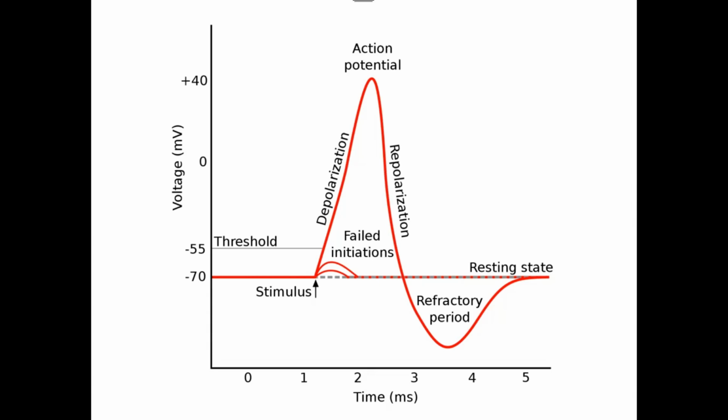It means the heat stimulus is not strong enough to reach the threshold potential and activate an action potential. You are still holding the cup. There is no withdrawal reflex, no muscle reflex. It's a failed initiation. It doesn't reach the threshold to cause an action potential, so no muscle contraction occurs.